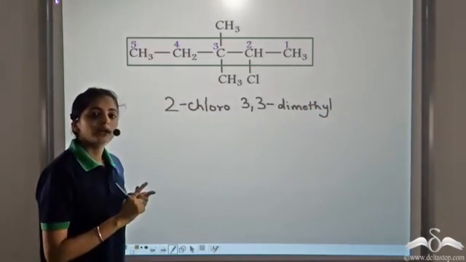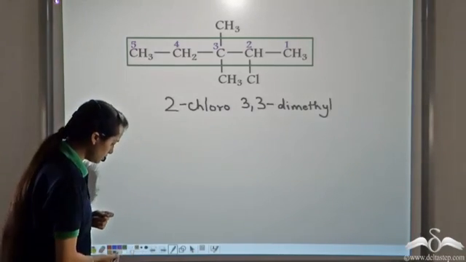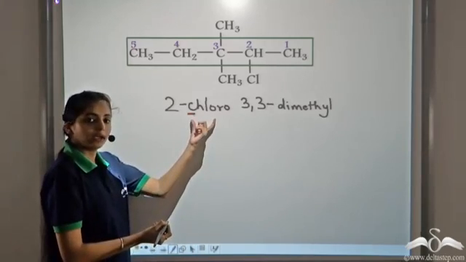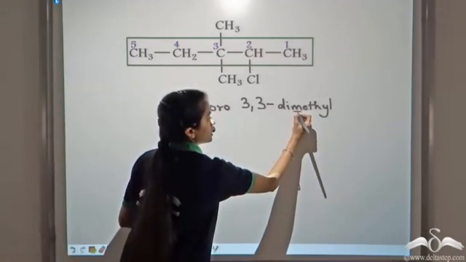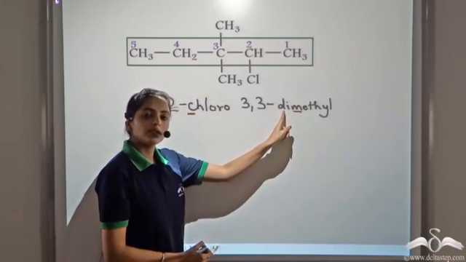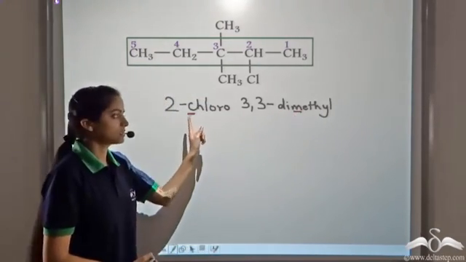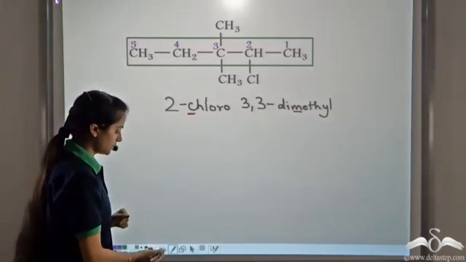Keep in mind, while arranging the substituents alphabetically, we take into account the first letter of the substituent name. The D is not considered. It only shows the presence of 2 methyl substituents. So we arrange the substituents alphabetically.